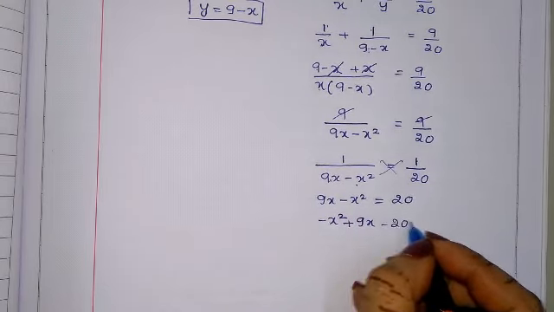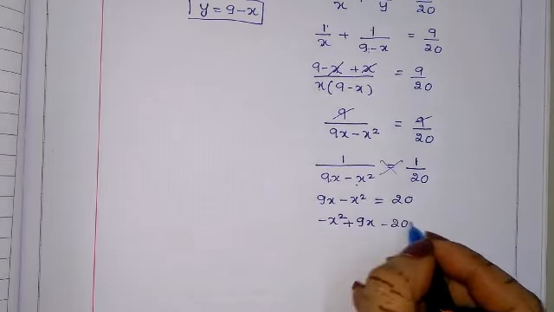So let us change the sign of the whole equation. Minus x square we will write x square, minus 9x, and plus 20. If we want to change the sign of the equation, we should change the sign of the whole equation. Okay, now it is the standard form of a quadratic equation.